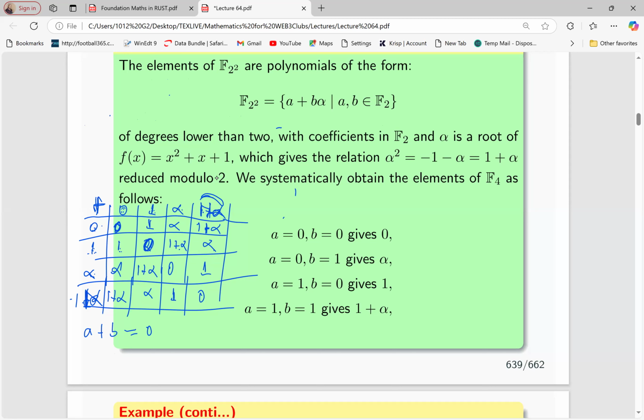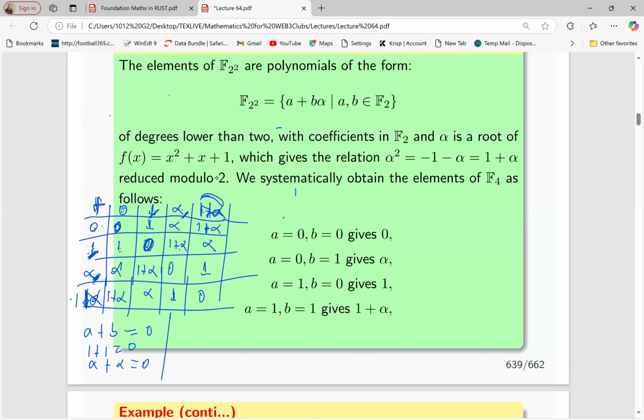I can see that the inverse of 1 is 1 because the sum of 1 and 1 gave me the identity. 1 plus 1 gave me the identity. So the inverse of 1 is 1. And under addition, I can also see the inverse of alpha is alpha, because alpha plus alpha has given me the identity element.